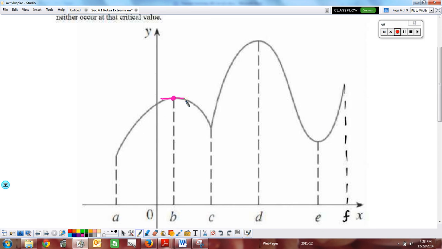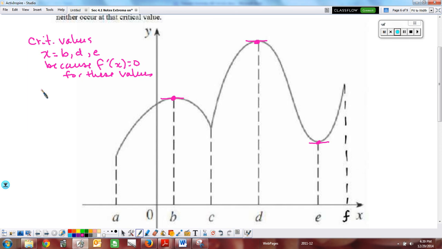All right, so in this picture, our critical values, we would have a critical value here at b because we have a horizontal slope. We would have a critical value at d because of a horizontal slope, and a critical value at e. So critical values x equal to b, d, and e, because f prime of x equals 0 for these values.